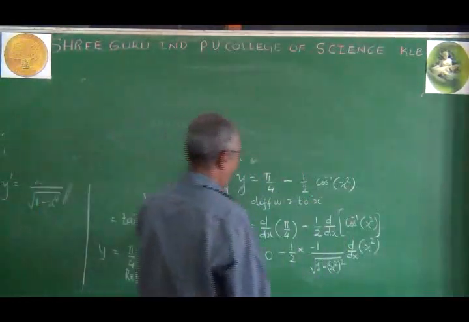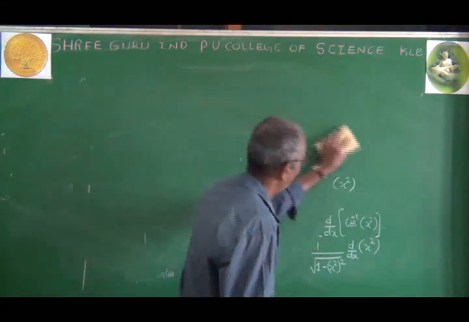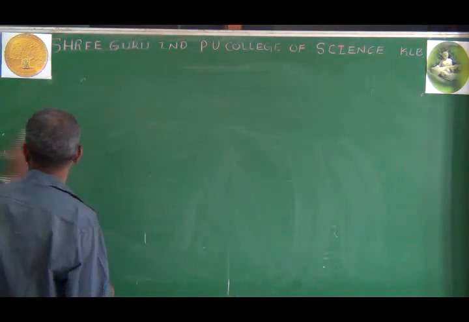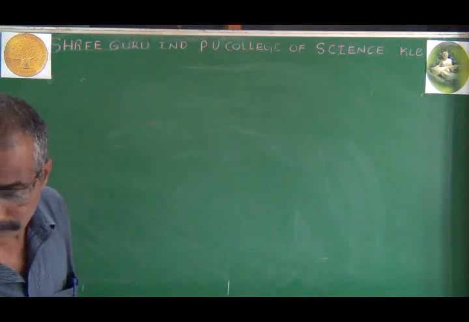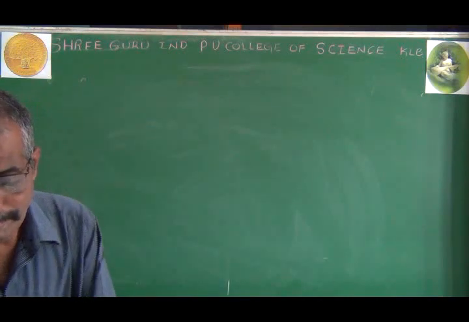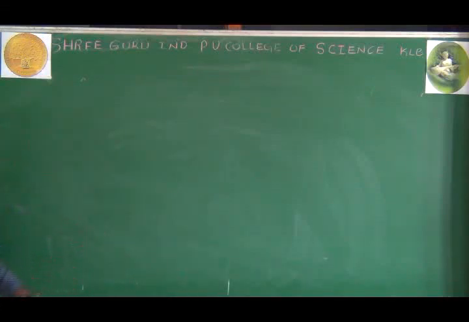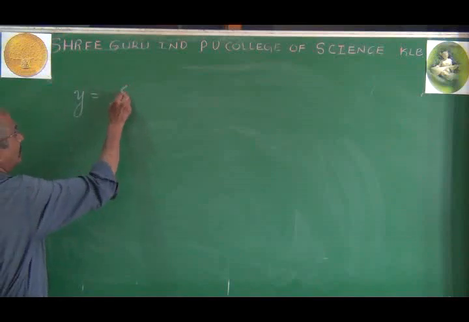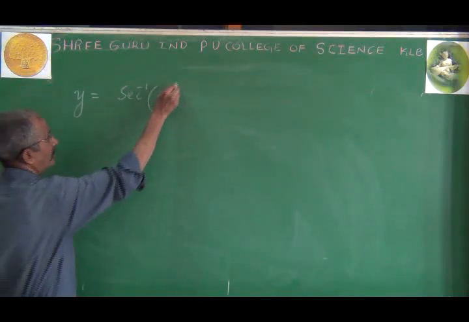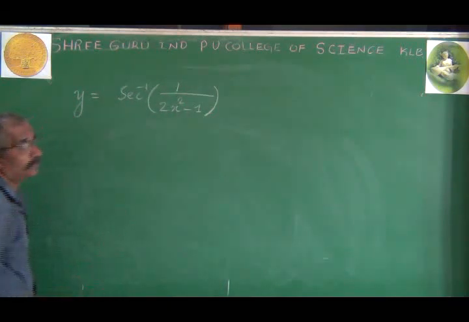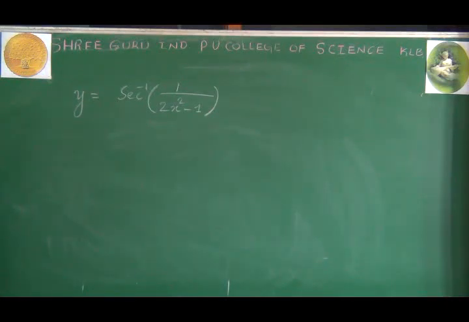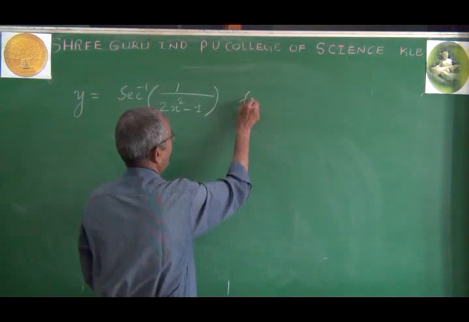Next question, under method of substitution. If y equals secant inverse of 1 divided by 2x square minus 1, then find dy by dx.